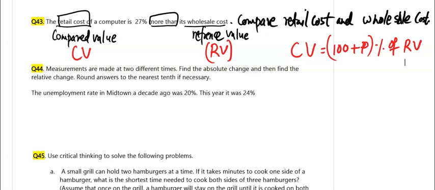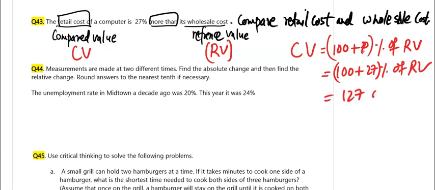CV, the compared value, equals 100 plus P percent of RV, the reference value, where P is how many percent more. So if you put the value of P, which is 27%, you get 127% of RV. So CV, the compared value, is 127% of RV.